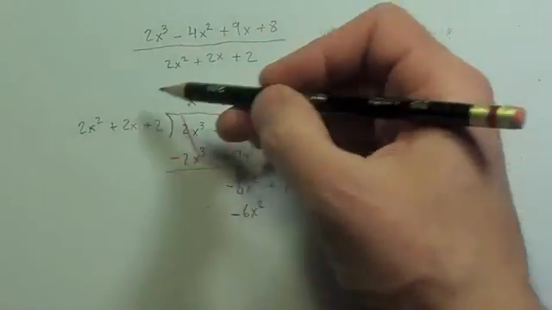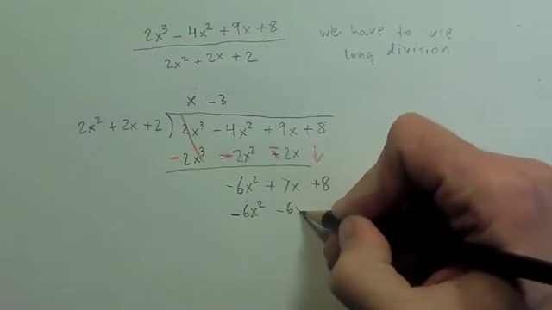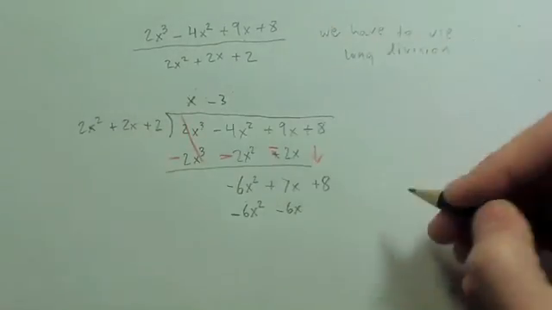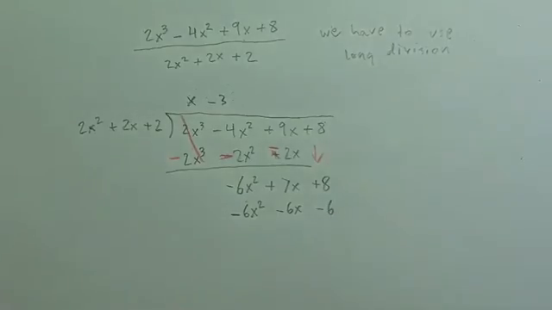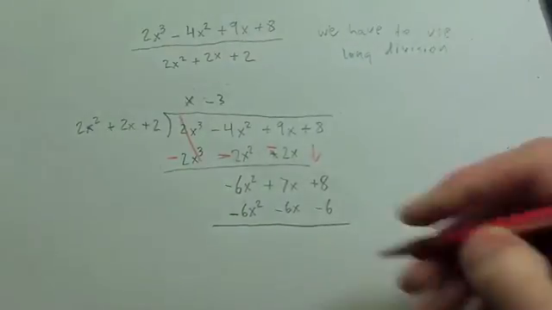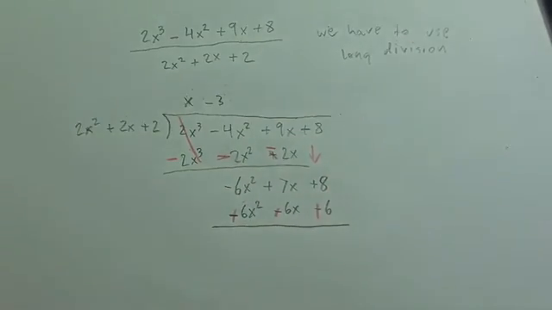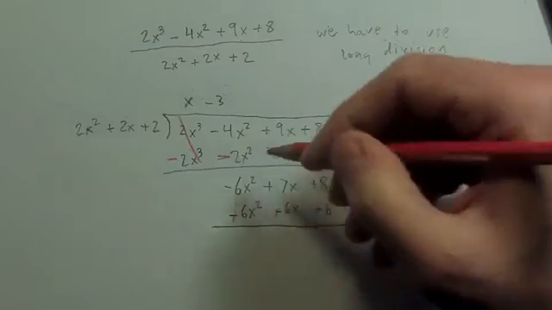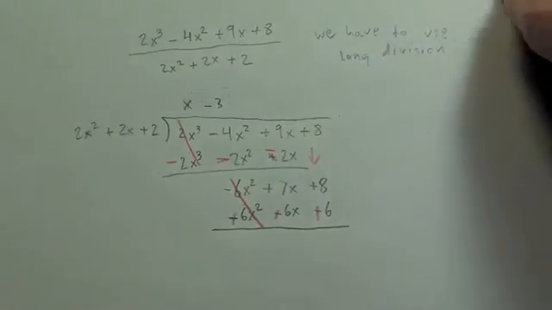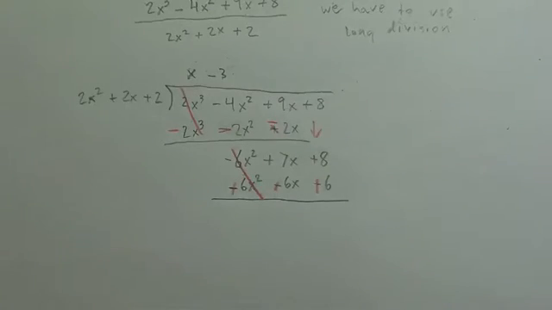So negative 3 times the 2x gives me a minus 6x, and negative 3 times the 2 gives me a minus 6. Now we can change all the signs. Much easier this time since I'm changing all my minuses to pluses. The 6x squareds cancel.